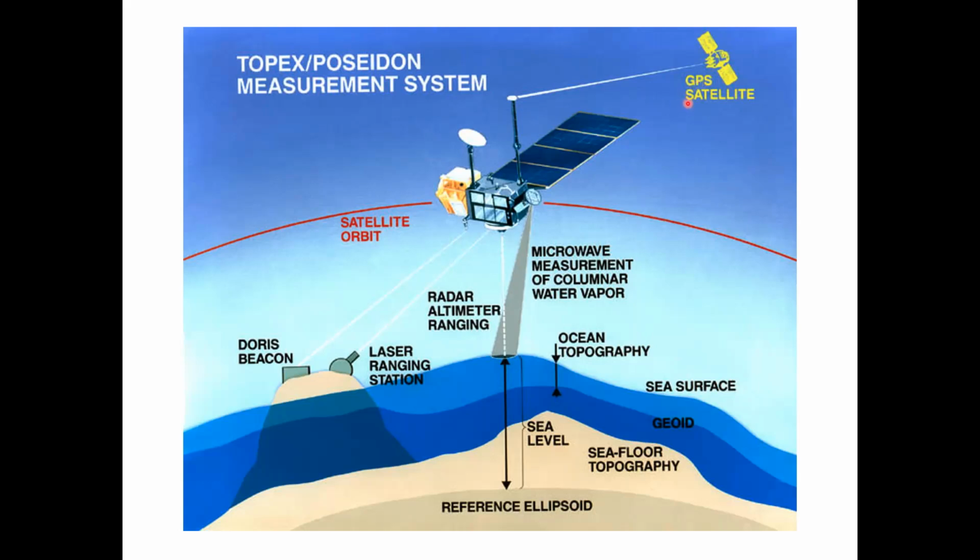The second requirement, of course, we spoke about attitude. The measurement accuracy depends on the power that is available. So we need a large power to do a good measurement.